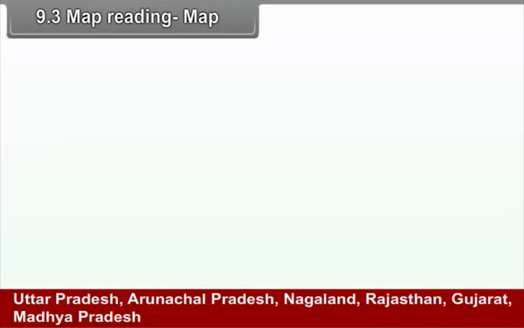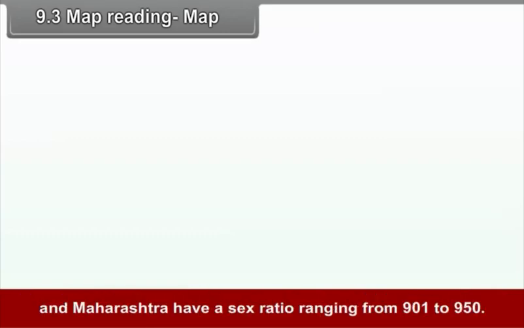Uttar Pradesh, Arunachal Pradesh, Nagaland, Rajasthan, Gujarat, Madhya Pradesh and Maharashtra have a sex ratio ranging from 901 to 950.